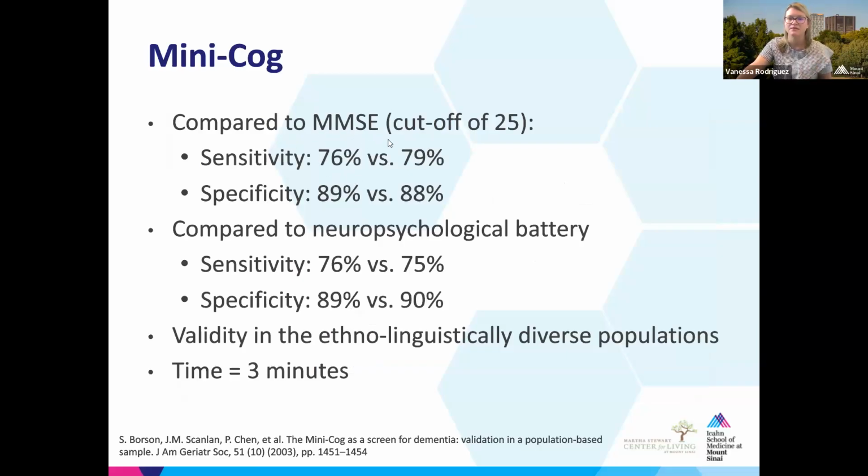Compared to the Mini-Mental, the sensitivity is 76 versus 79, and specificity is almost the same. Compared to neuropsychological tests, those long 2-hour battery tests that we sometimes refer patients to, it has similar sensitivity and similar specificity. And it's good because, in terms of ethno-linguistically diverse populations, the Mini-Cog is a good tool to use.